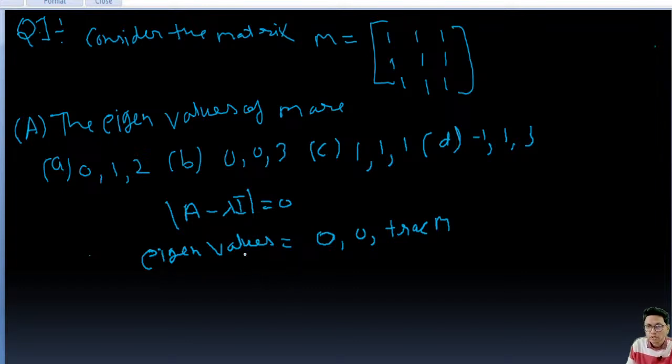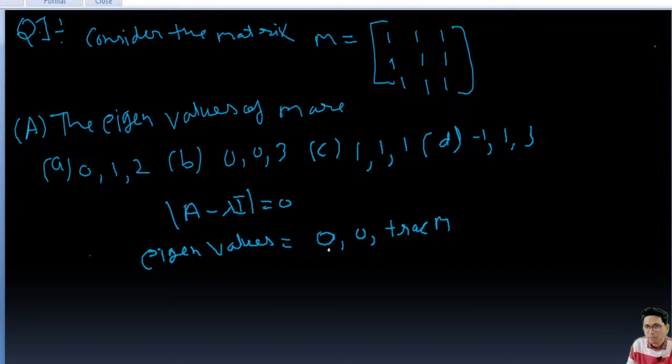So this is the trick. We can write it in the multiple of 1, because the elements are the same, so it applies in this matrix. So the eigenvalues are going to be 0 comma 0 and then trace M.